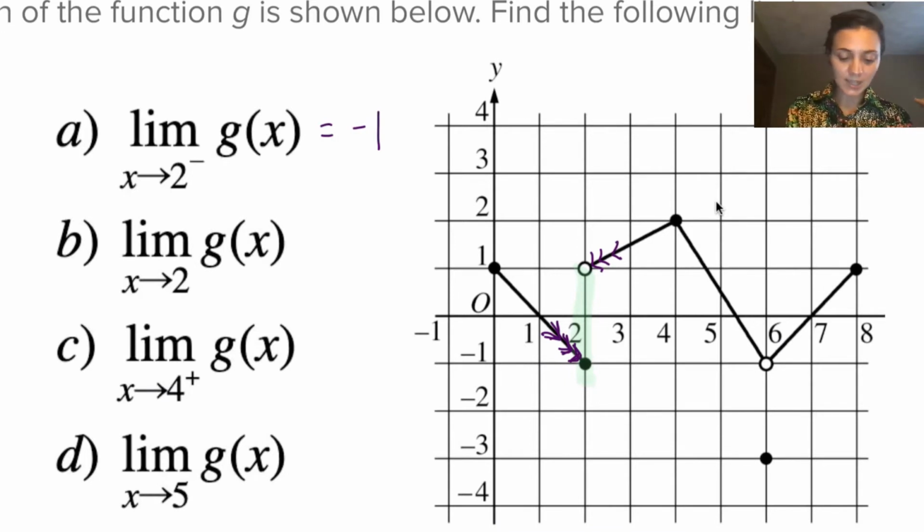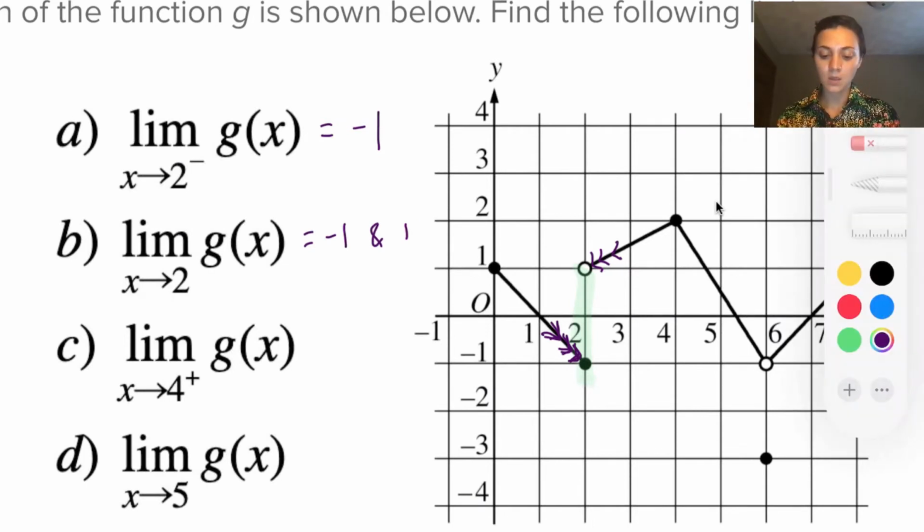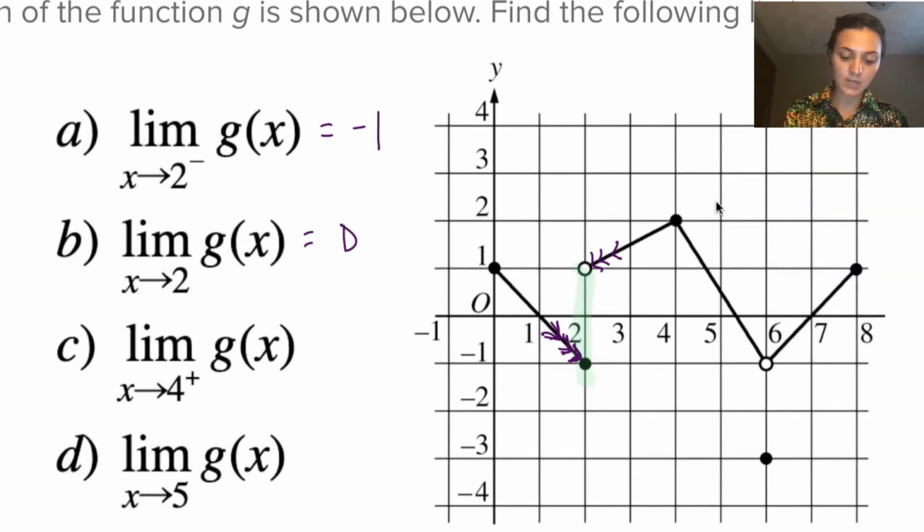So I'm not just going to say this equals -1 and +1. You can't really have two limits. Remember in the previous video we talked about how if the limits from the left and the right are not the same, then the limit does not exist. So this one is D and E: the limit does not exist because the left and right hand sides are different. Cool.